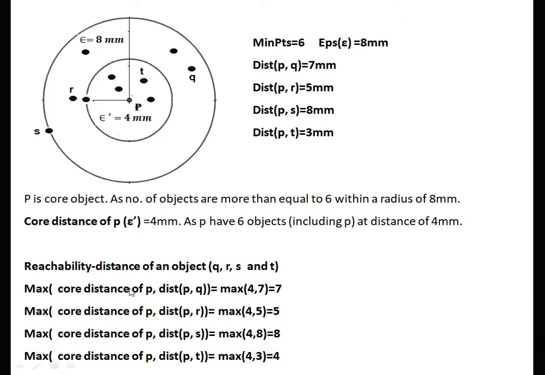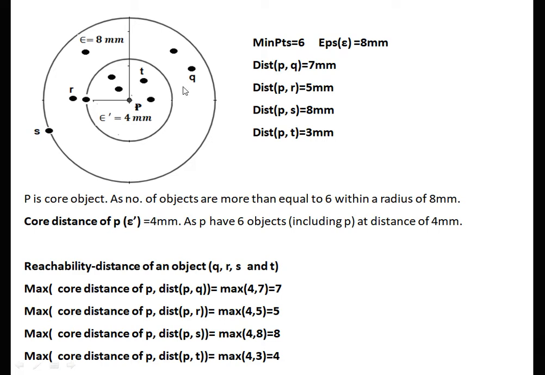Max of core distance of P and the distance between P and Q. Sorry, core distance of P is 4 because at 4 they get satisfied. So this is 4, and the distances between P and the points are 7, 5, 8 and 3. Now we take the max value. So here we get 7, 5, 8, and for T, as it is within that epsilon dash, we get the distance as 4.